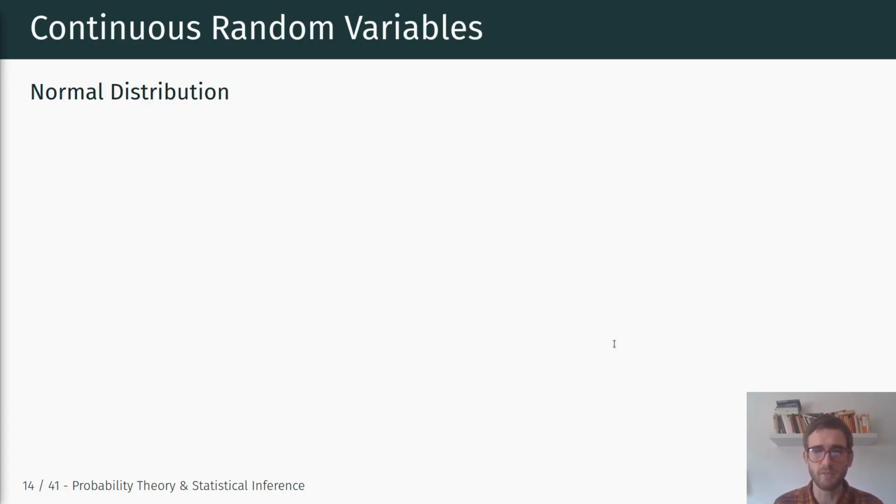Given the central limit theorem, and we're going to talk about this a little bit later in more detail, the sum of many random variables from the same distribution tends to follow the normal distribution, even when the original distribution is not normal, right?